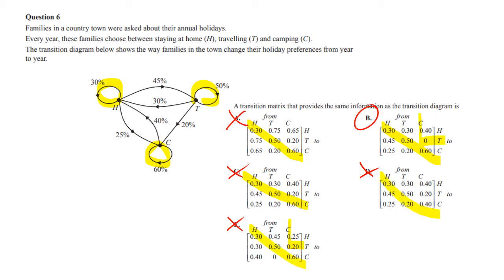So H to H is 0.3. They've all got 0.3. T to T is 0.5. They've all got 0.5. And C to C is 0.6. So that only eliminated D. But you can check out all the individual values of all these things. It'll take a long, boring video. But the trick here was that 0.